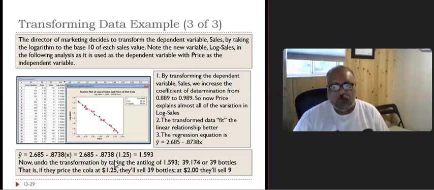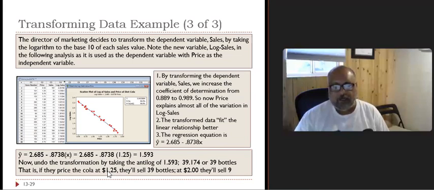But how do we translate that into the actual sales? We take the anti-log of this value. It gives us 39.174, which means 39 bottles. How do we interpret this? We interpret this as saying that if the price of the bottle is set at $1.25, then we are expected to sell 39 bottles.